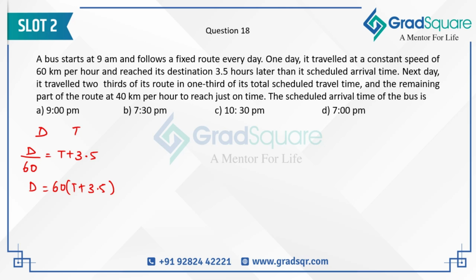Now in this distance, two-thirds of the distance, that means two-thirds of 60 into (t plus 3.5). So distance will become what? 40 into (t plus 3.5) is covered in one-third of the scheduled travel time. So one-third of the scheduled travel time will be t by 3.